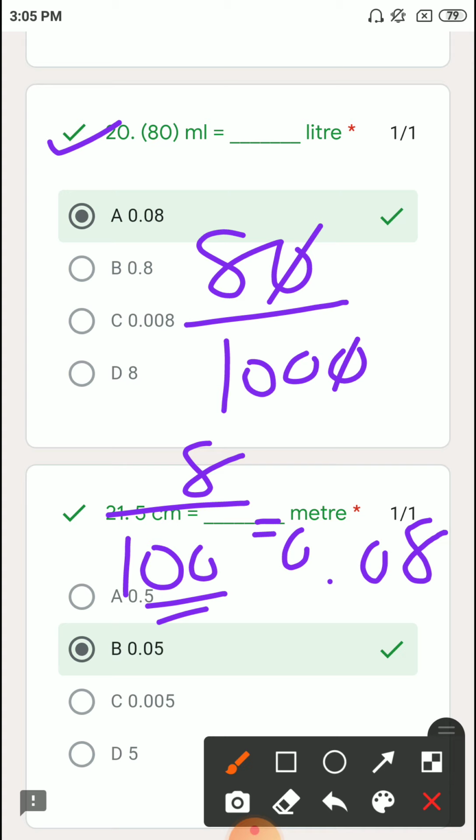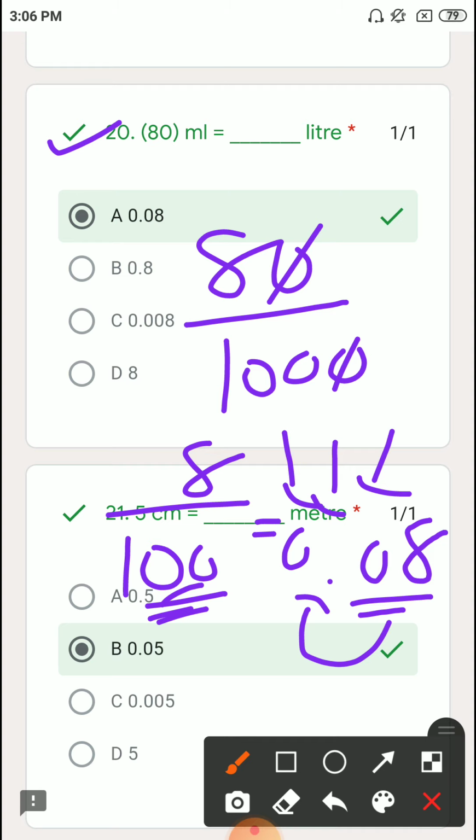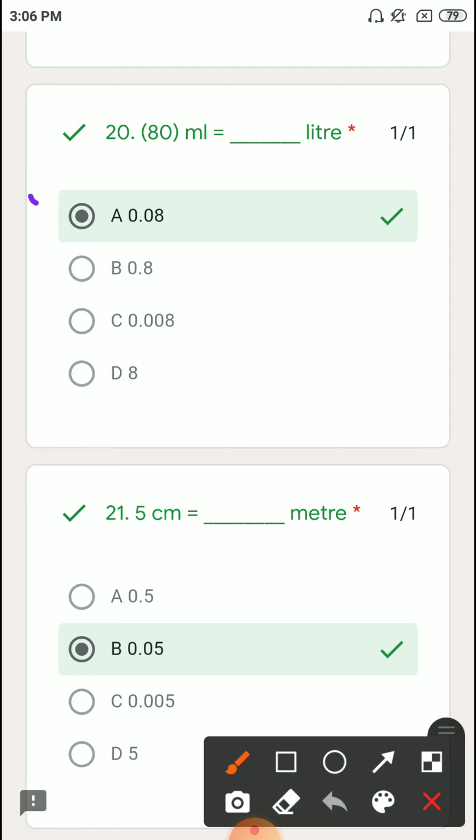We have only 1 digit, so we put one extra 0 before that decimal point, and again nothing is remaining, so before that 0, so 0.08. This is the answer, so option A is correct.